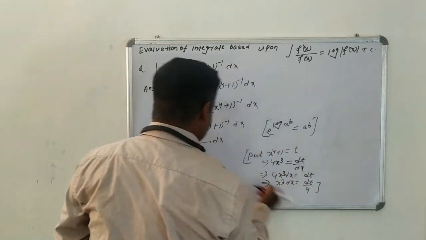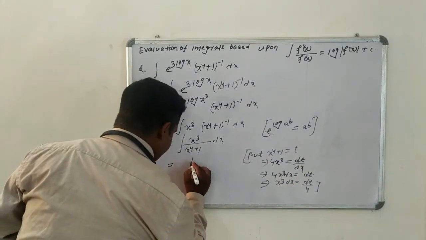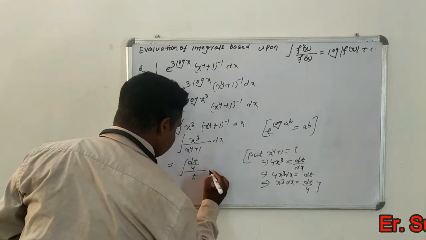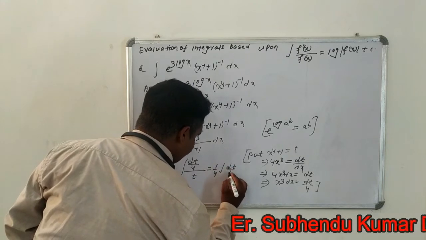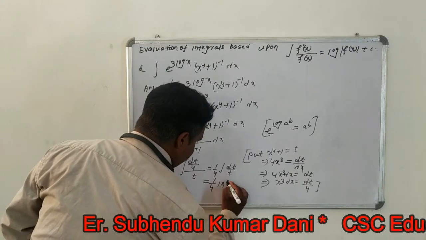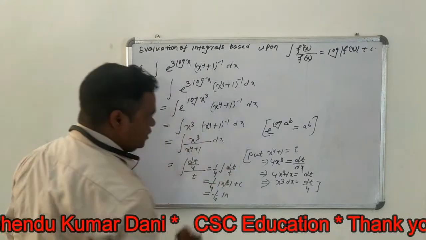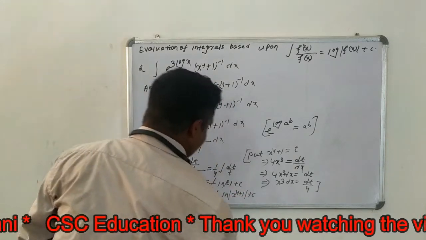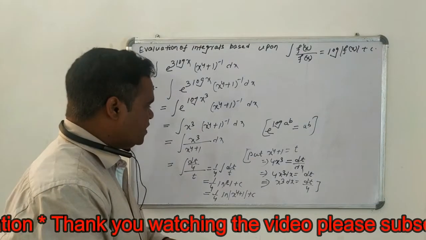For this factor in the given integral, dt by 4 divided by t integration equals 1 by 4 integral of dt by t. This value equals 1 by 4 ln t plus c, which equals 1 by 4 ln of x to power 4 plus 1 plus c. Here c is an integration constant or any arbitrary constant.